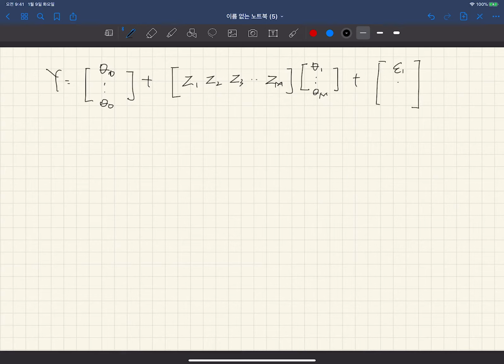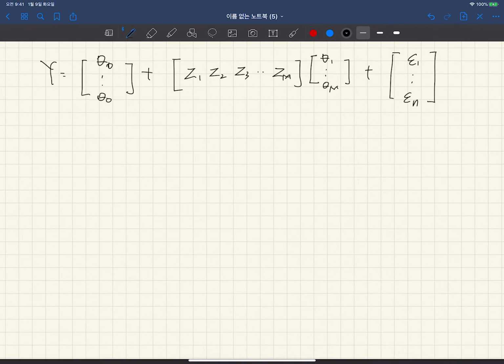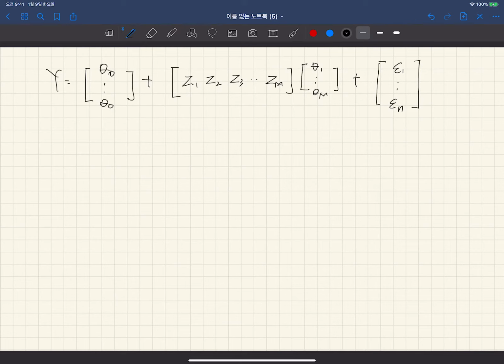So then the residual part. And then train theta 0 and theta 1 through theta m that minimize the RSS objective function. Okay, so here Z1, Z2, Z3 up to Zm are principal components of your data matrix X from the left hand side.